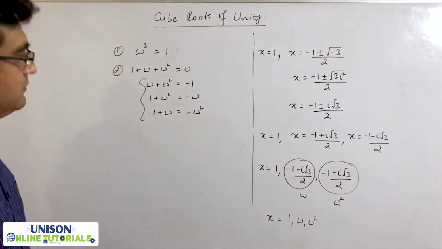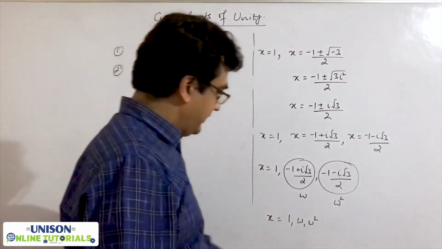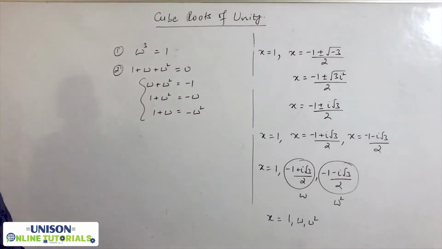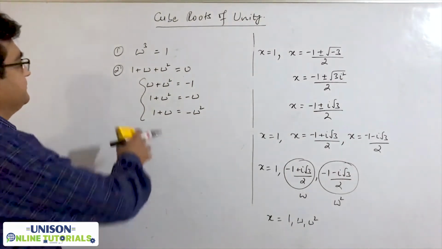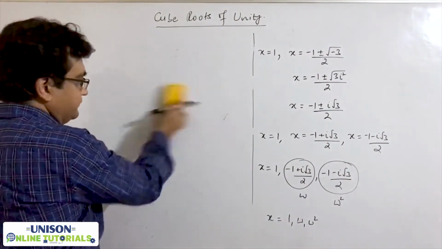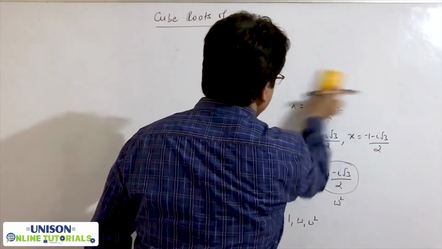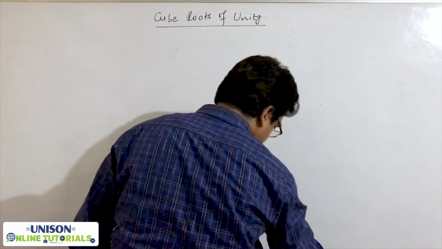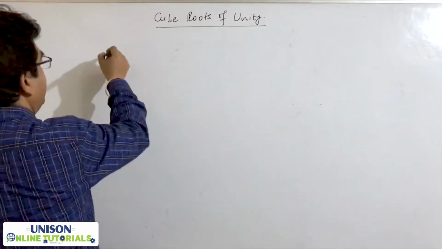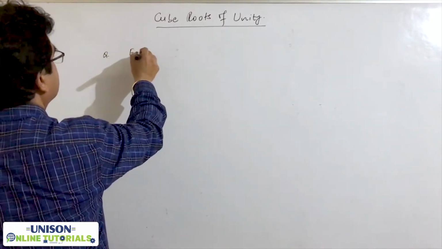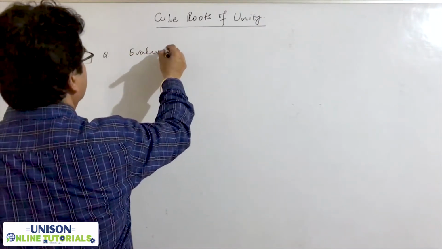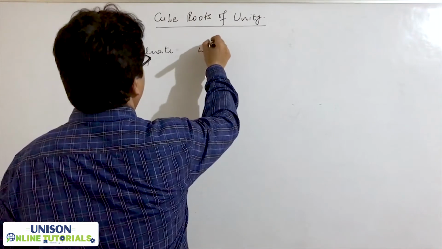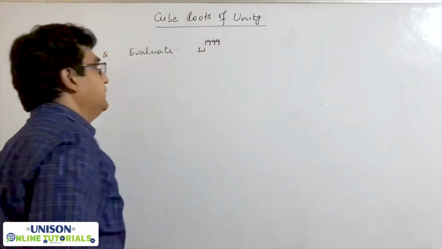Now where these are applied, so let's do one question. Evaluate omega power 1999.